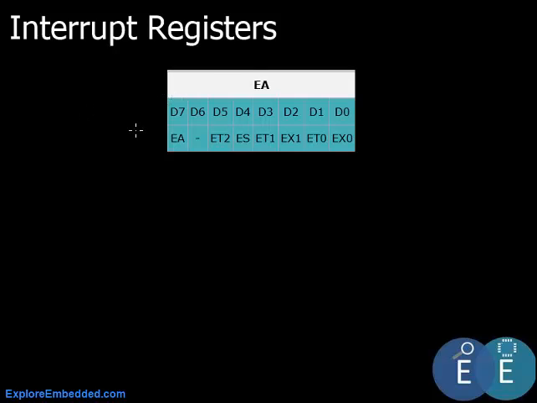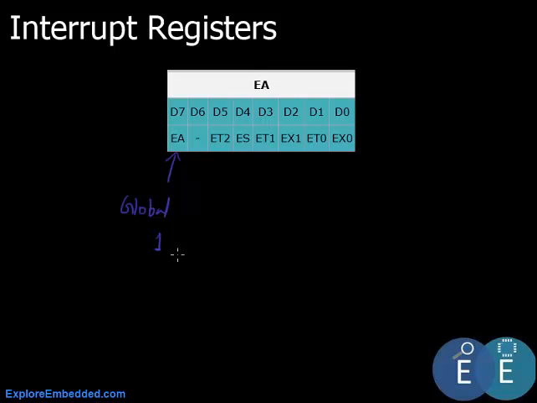Basically there are 2, but we'll look at the one important register here. This register is called the interrupt enable register. The D7 bit is the global interrupt bit. If any interrupt needs to be active, this bit needs to be 1.